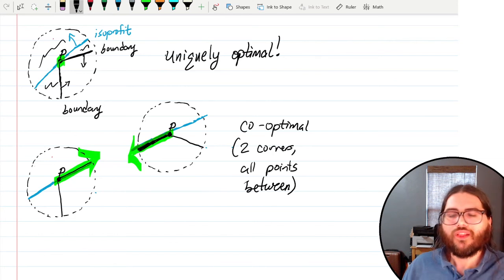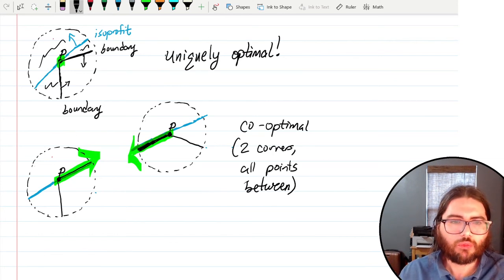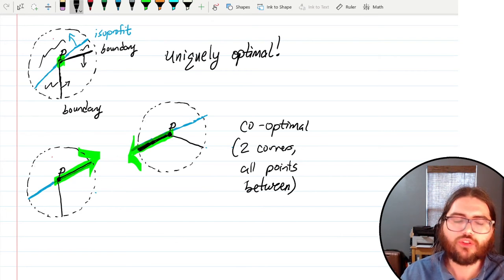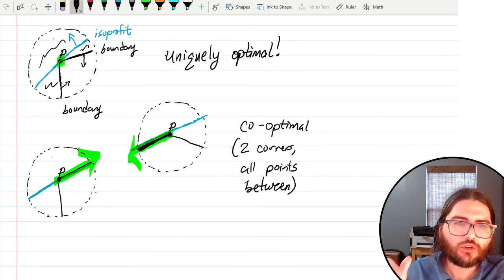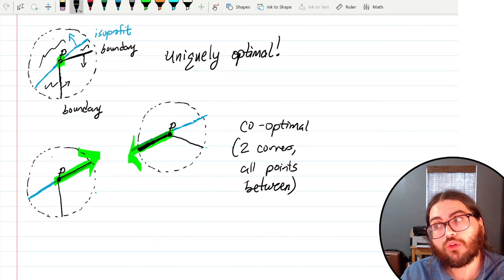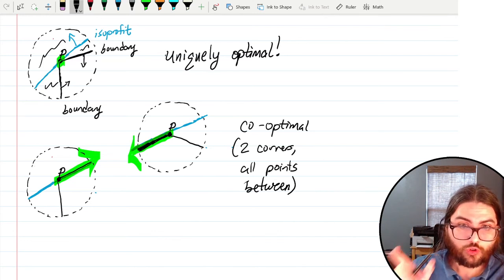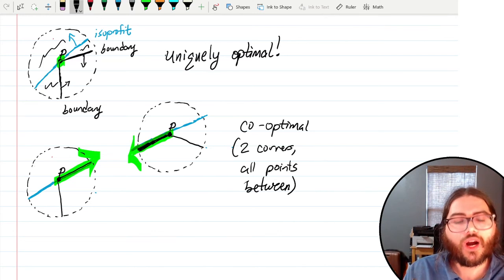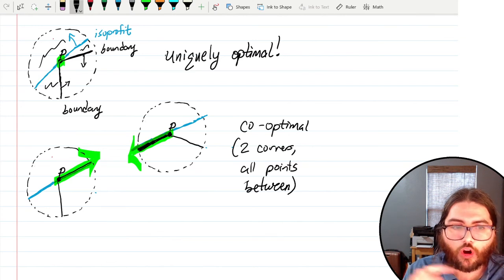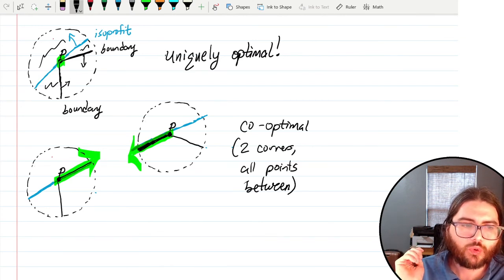And so I think that proves argument number 4, right? That the corner points are the specialist points of all, right? One of the corner points is either uniquely optimal, or two of the corner points are co-optimal. And therefore, all of the points in between those corner points are also co-optimal.